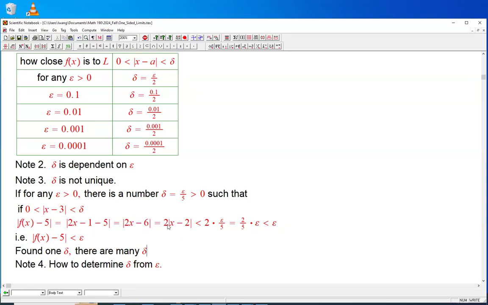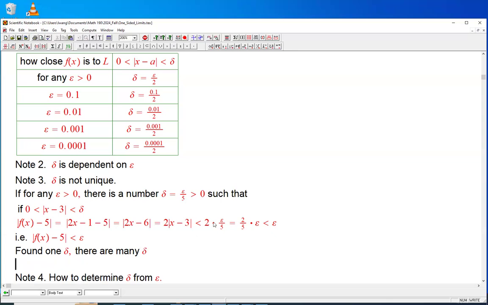This is x minus 3, since x minus 3 is less than delta, and delta is epsilon over 5, then 2 times delta is still less than epsilon. You can see delta is not unique. If you find one delta, where delta depends on epsilon, you will have many, many deltas to make it happen.